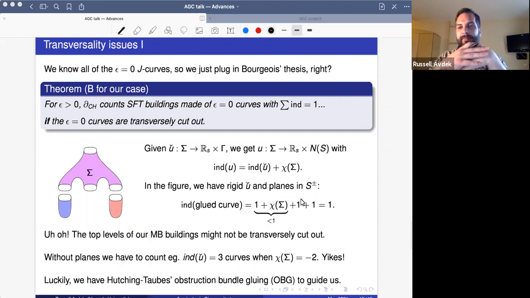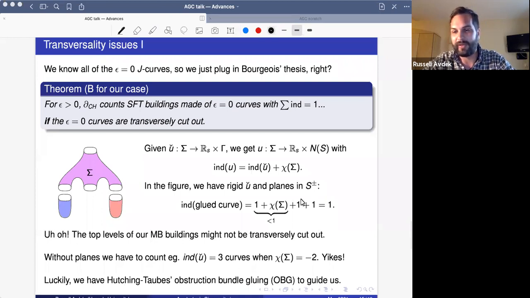So I get a total index 1, top piece -1, bottom 2 pieces +1, and that's very bad, because if we're trying to follow what happens in Bourgeois' thesis, we have to carry out some gluing arguments, and now we're going to try to glue things together where one of the pieces is not transversely cut out, and some of the pieces are transversely cut out.